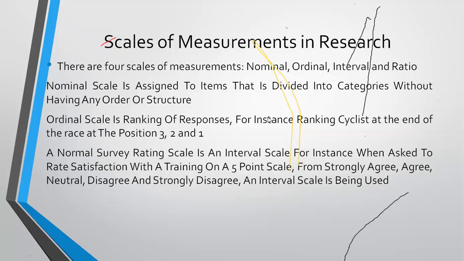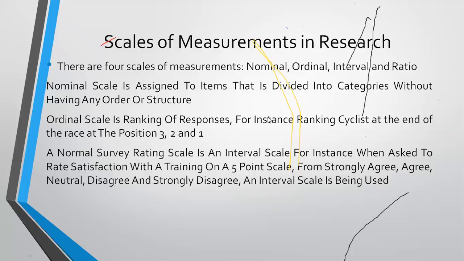When I say in nominal scale, numbers have no real meaning, this means that when you assign 2 to female, it does not mean that females are superior to men. It's just assigning numbers to differentiate them. When you see 1, it is male, and when you see 2, it is female.